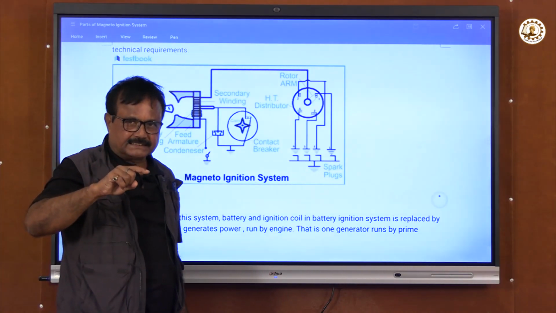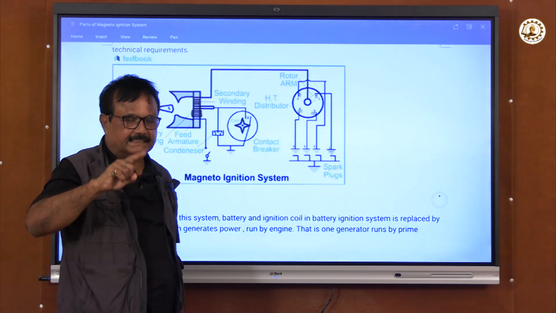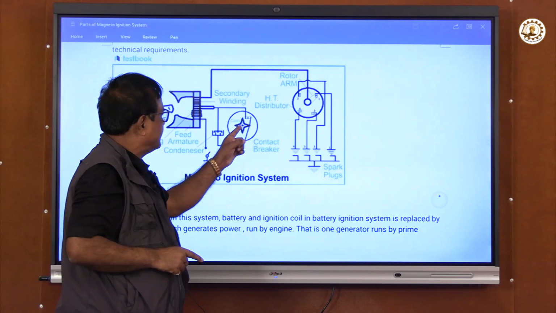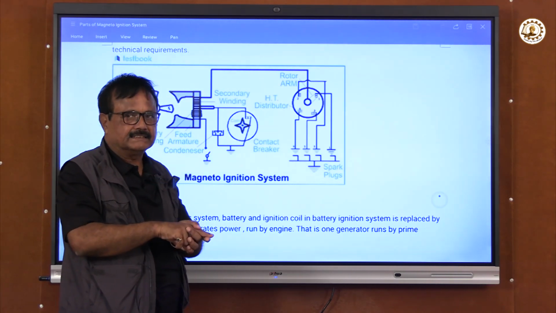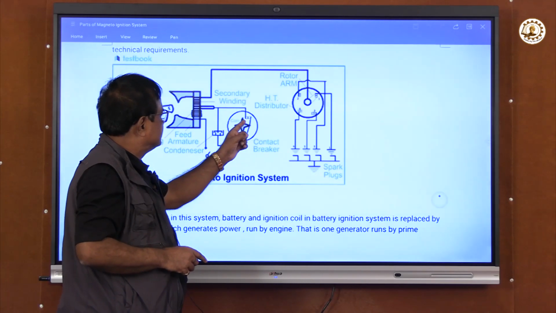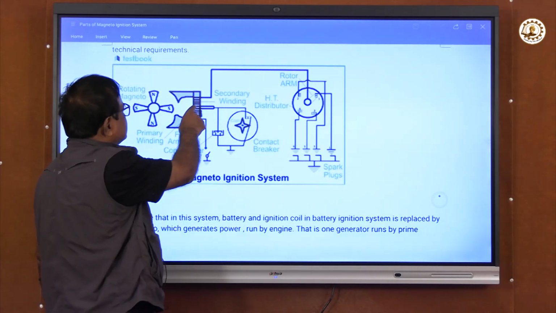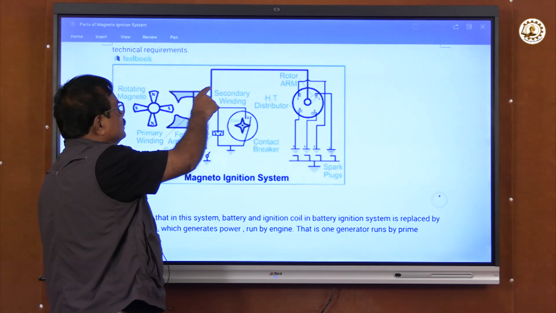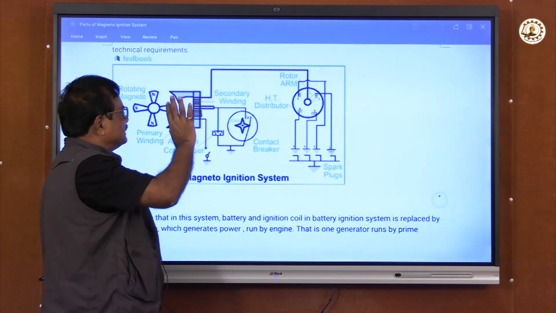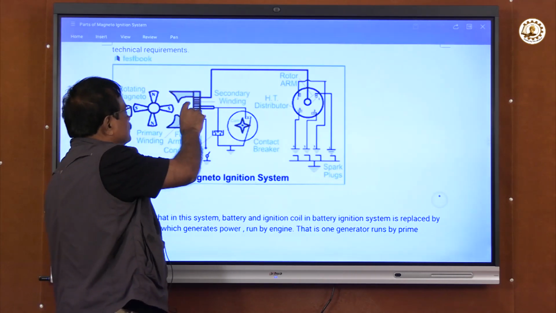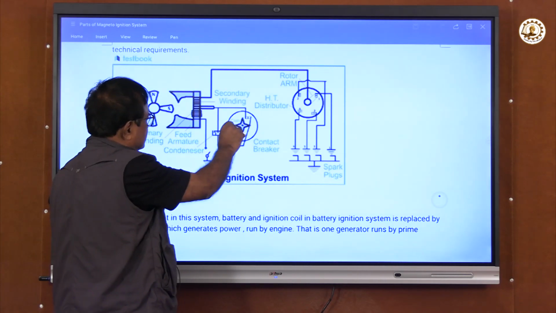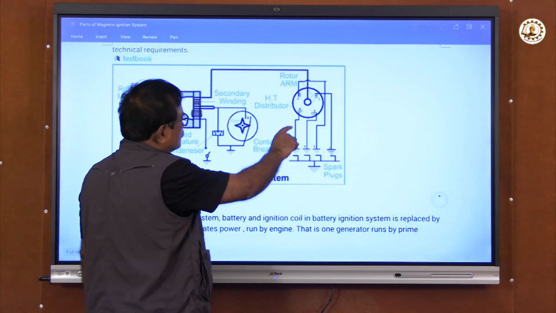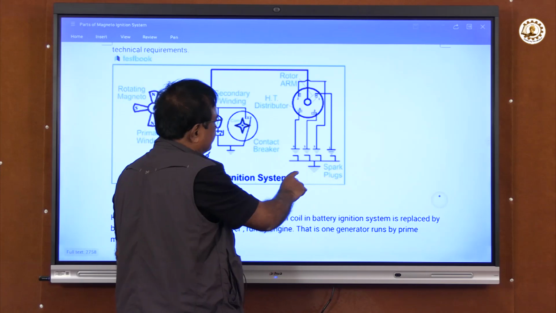The primary coil is connected, then disconnected with the help of this cam. Sometimes the cam disconnects it, and when it comes back, it is connected. When it disconnects, the induced voltage in the secondary coil is 22,000, whatever we need. For a particular car we need 22,000 volts. That is induced with the help of the secondary coil and cutout, and that is given to the distributor as per the need of the firing order.